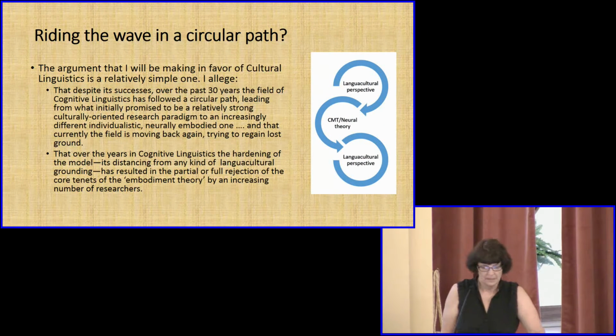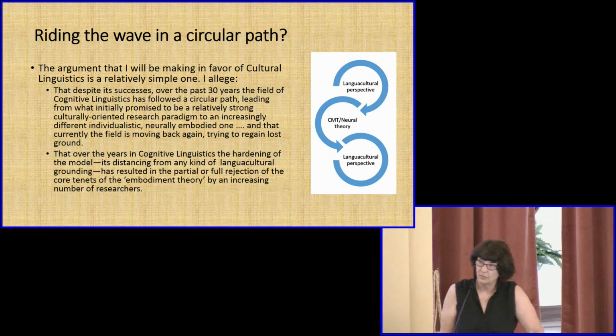The argument that I'll be making in favor of cultural linguistics is a relatively simple one. I allege that despite its successes, and there have been many, over the past 30 years, the field of cognitive linguistics has followed a circular path, leading from what initially promised to be a relatively strong, culturally oriented research paradigm to an increasingly individualistic, neurally embedded or embodied one, and that currently the field is moving back again, trying to regain lost ground.